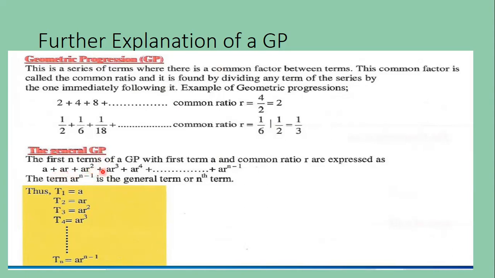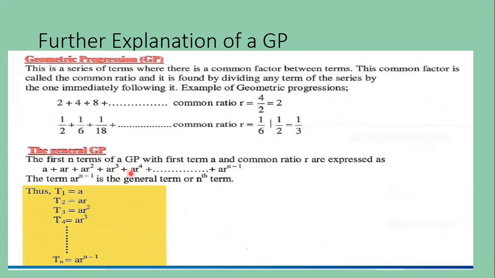When we continue with this pattern, you would discover that as we ascend in the terms, we are reducing the power by 1. As we ascend in the terms, we are simply reducing the power by 1.